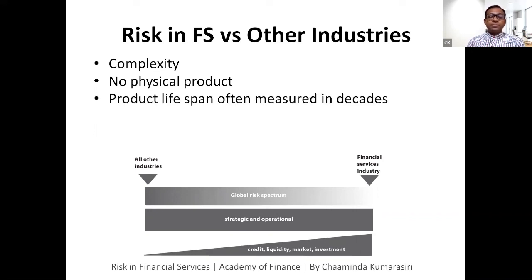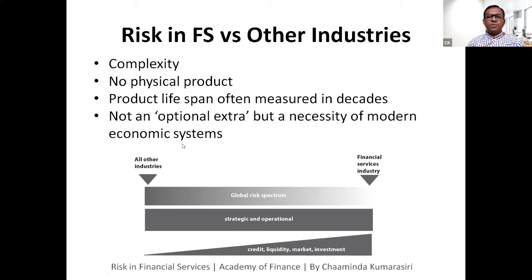Then certain products have a lifespan of decades, like lending products, where you have loans running up to 20, 30 years, unlike a normal consumer good. Then modern systems and IT infrastructure are not optional in the financial services sector because those are necessary ingredients.